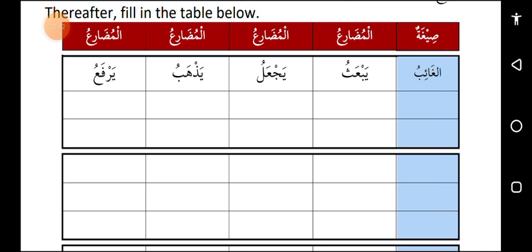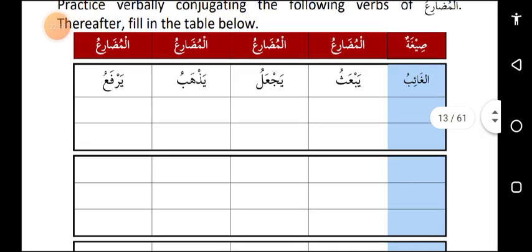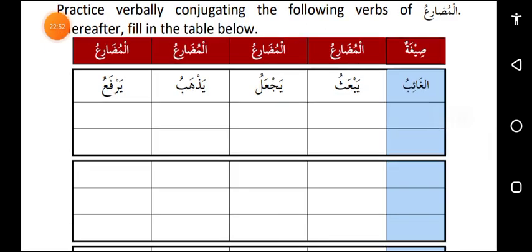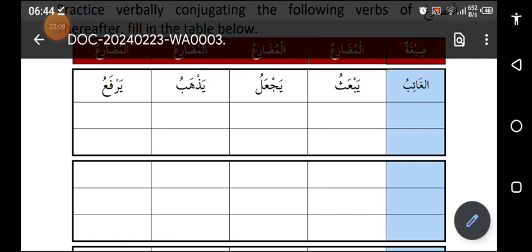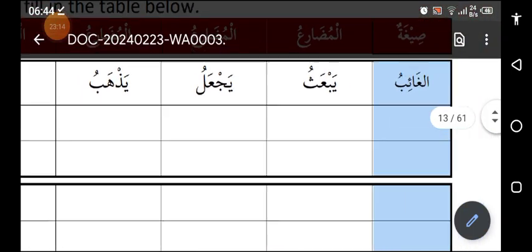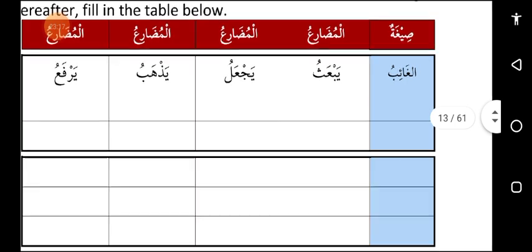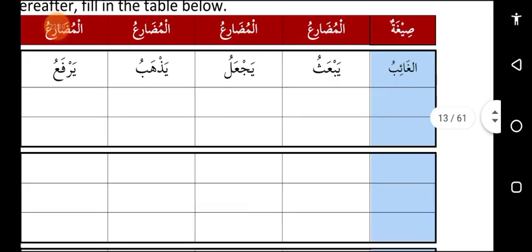He, which is the third person, and we are talking about him, he makes, or he is making, or he will make. So yab'athu, yab'athani, yab'athuna. When I'm writing here, it should be a little bit written properly.